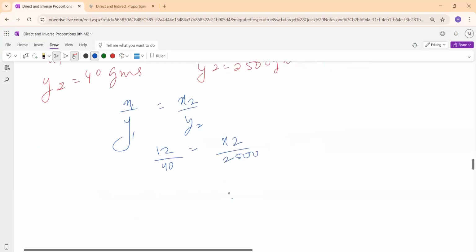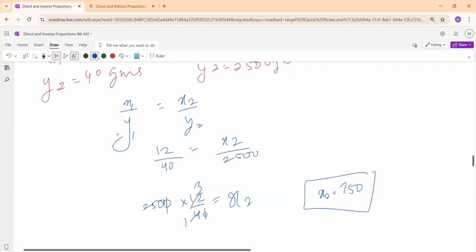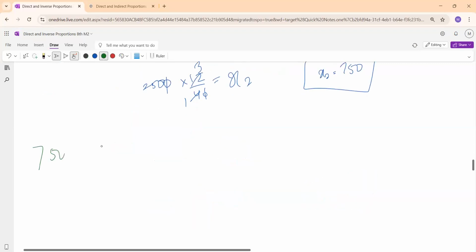So x2 is equal to 2500 into 12 by 40. 0 and 0 cancel. 4 ones are 4, 4 threes are 12. So x2 is coming 750, which is 750 sheets would weigh 2500 grams. Guys, is this totally clear?